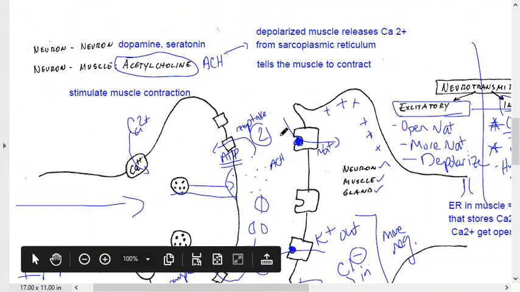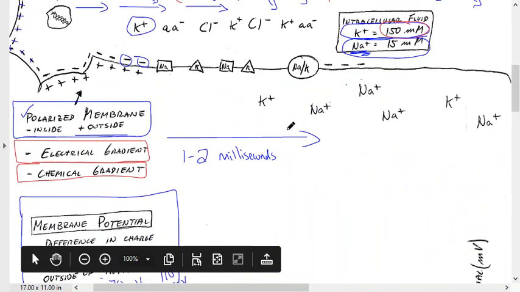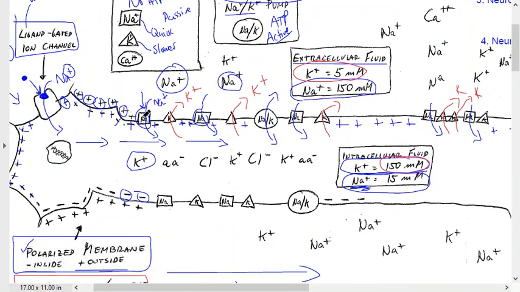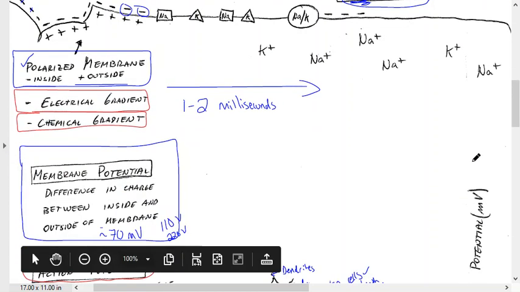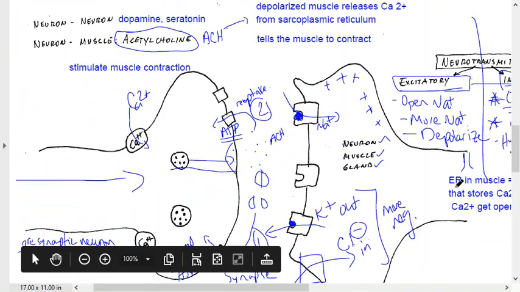Let's go back up to the other side of the big sheet: it blocks all of these sodium channels. If you never have sodium coming in to depolarize the cell, then the action potential never propagates down the axon, and your brain never receives the signal, so you don't perceive the pain.